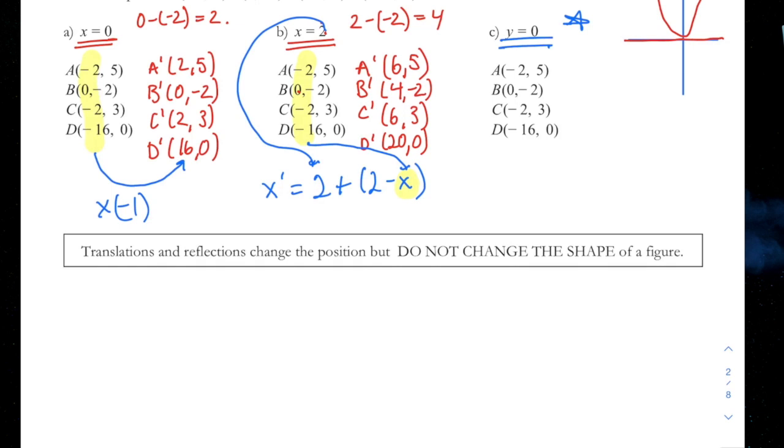So I'm going to flip it vertically, I should say. So all I have to do is look at all my y values, and I'm going to multiply them by -1. So when I reflect along the x or the y axis, my calculation becomes really easy.